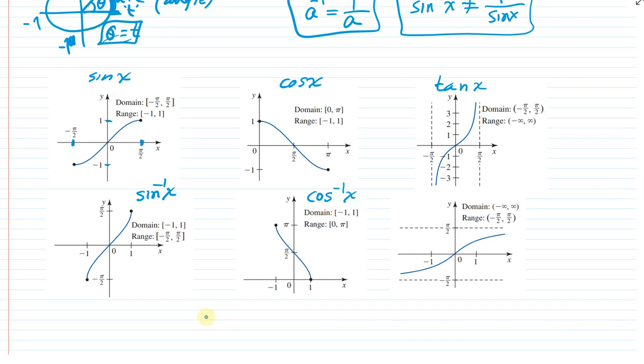The one you're looking at below is arctangent of x. Now the graph of arctangent looks like this. And notice, by the way, the domain of arctangent is negative infinity to infinity, whereas that's not the case for sine and cosine. All right.